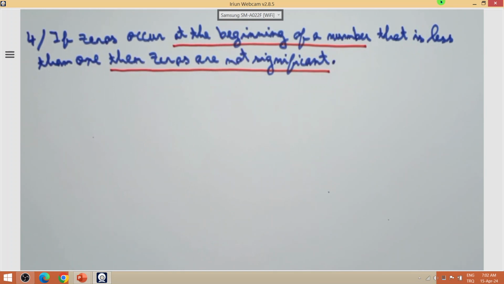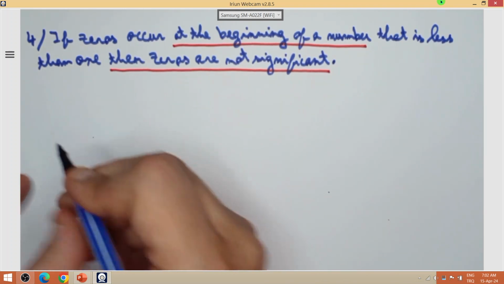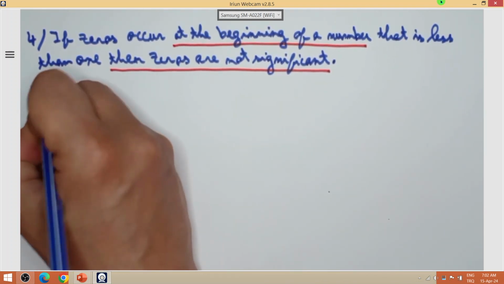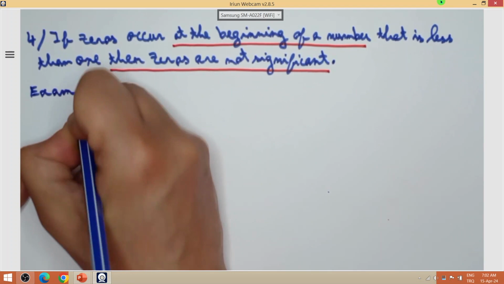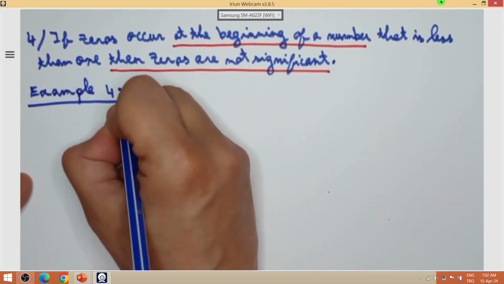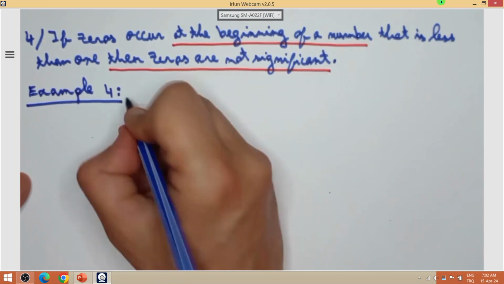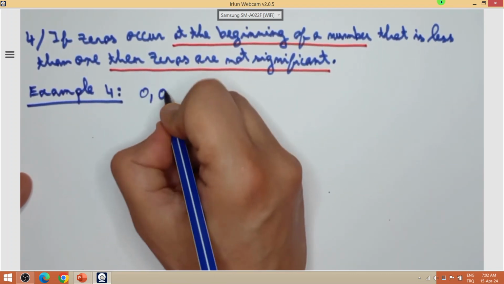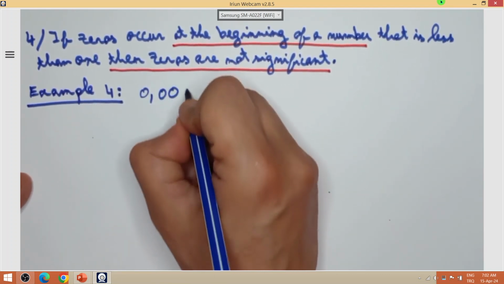And to understand that, we will see an example. So we will see example 4. In this example, we will talk about the number 0.00821.